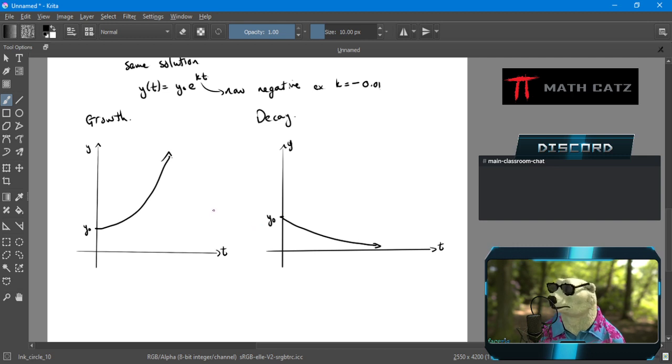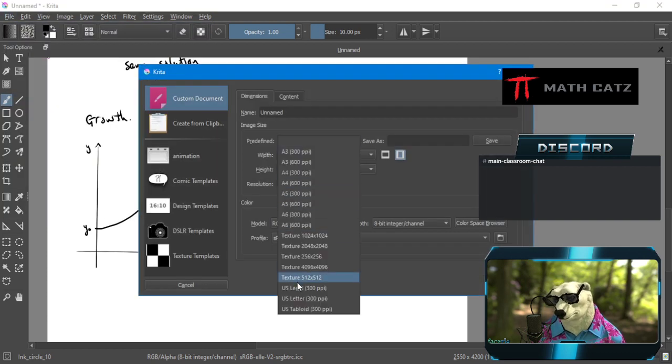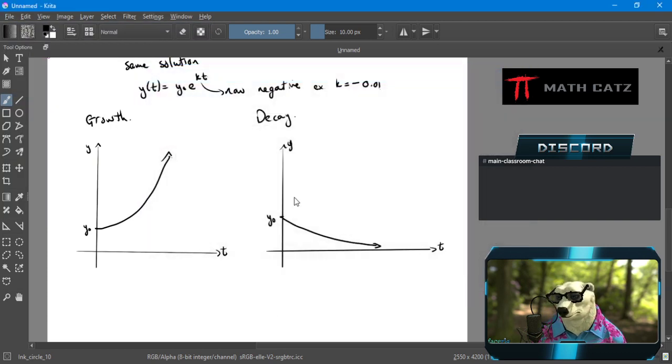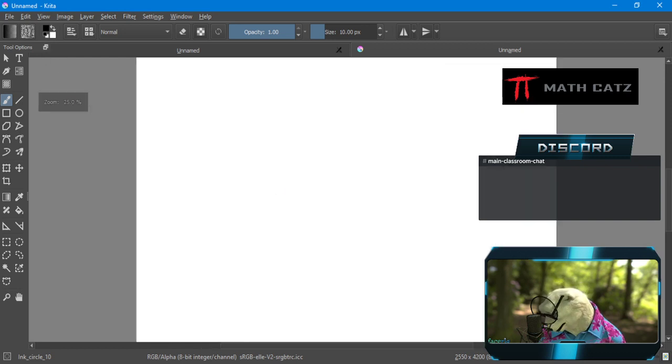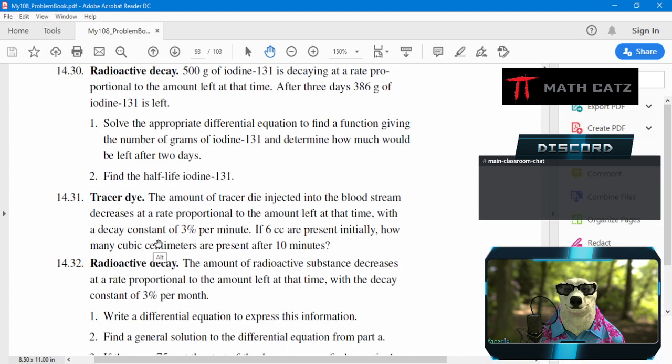So let's look at some examples to see how this is going to look in a practical problem. The first one I want to do is 1430.